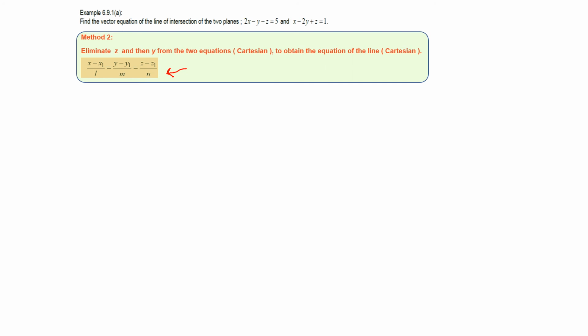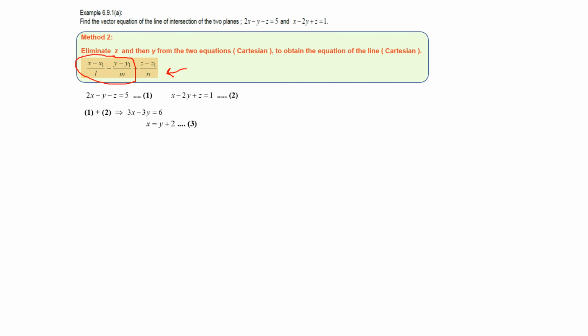First, we form an equation that relates x and y. To do so, you need to eliminate z. From these two equations, you get an equation that relates x and y. So now you already have this part, between x and y.